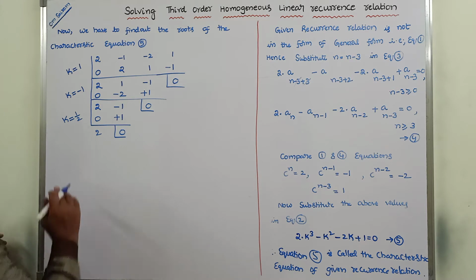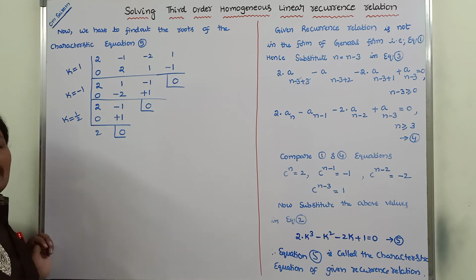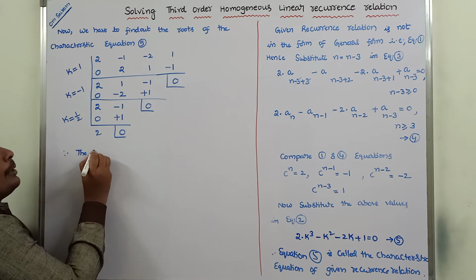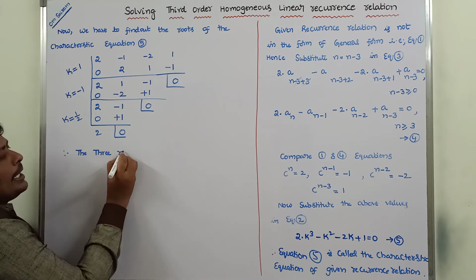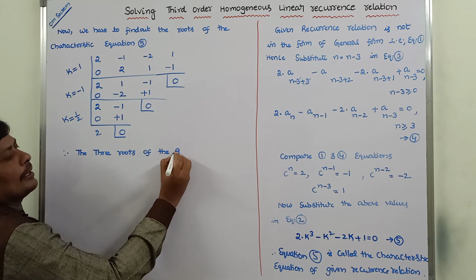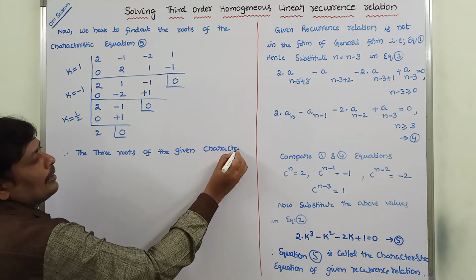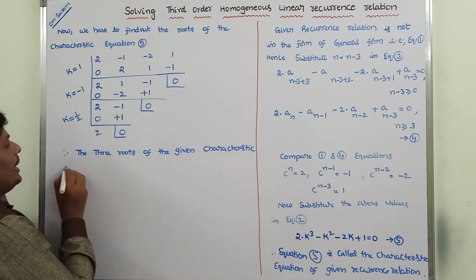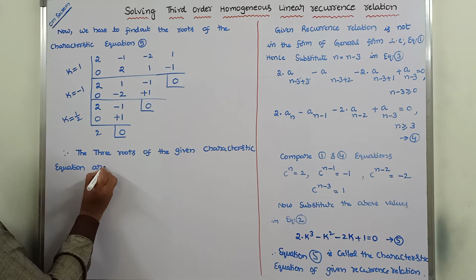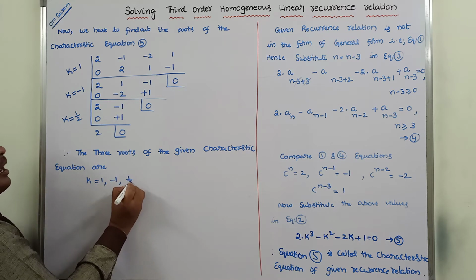So now what values we are getting? k is equal to 1, k is equal to minus 1, and k is equal to half. So therefore the three roots of the given characteristic equation are k is equal to 1 comma minus 1 comma half.